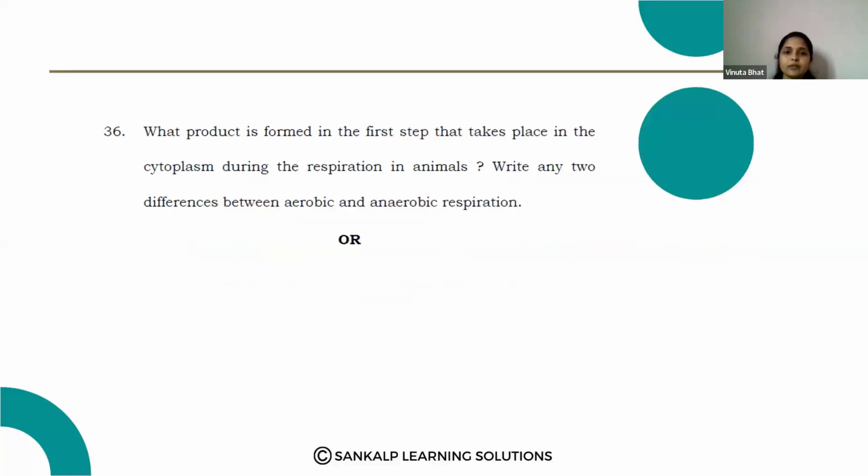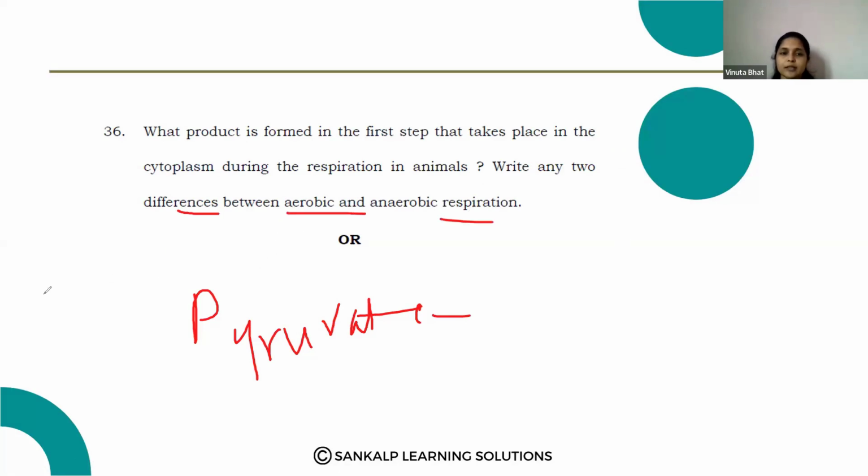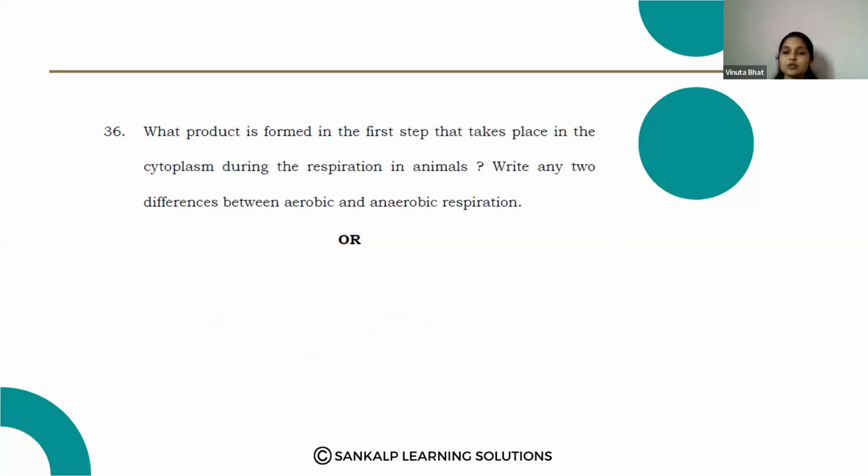What product is formed in the first step, which takes place in the cytoplasm during respiration in plants? Write any 2 differences between aerobic and anaerobic respiration. Here, pyruvate is formed in the first step of respiration. In aerobic respiration, the breakdown of glucose takes place in the presence of oxygen.